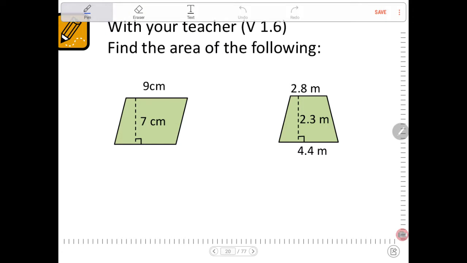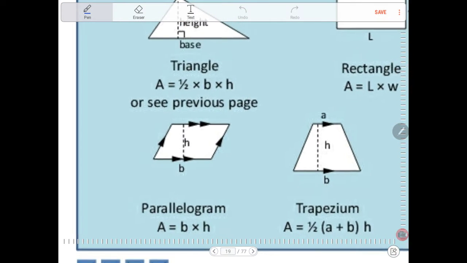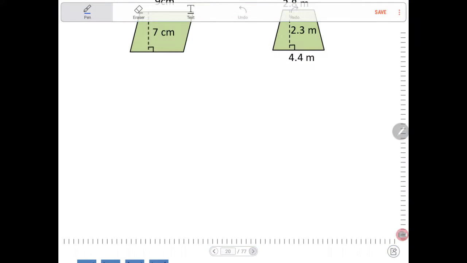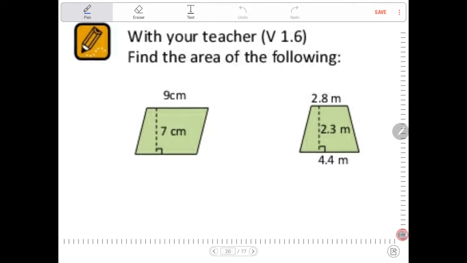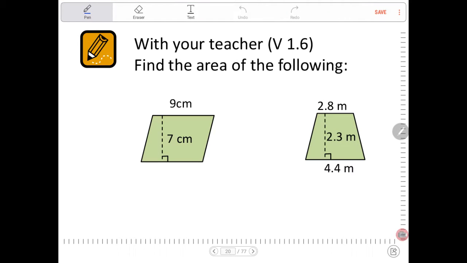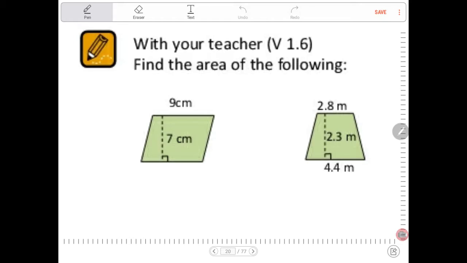Now if we look back, this is really easy. It's the base times the height. I just want to explain a little bit how that works. Why is this seemingly somewhat complex shape so easy to work out the area of? Well, if we examine this more closely, let's say I was to chop off part of this parallelogram.